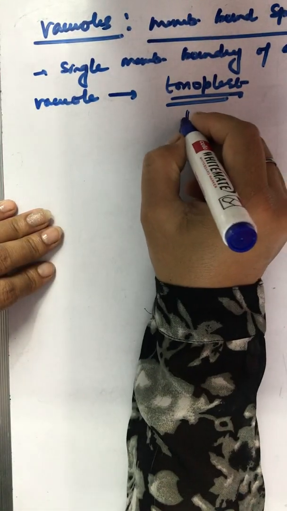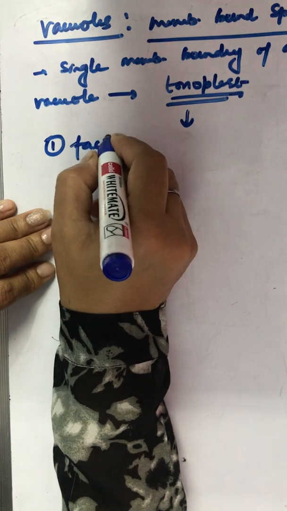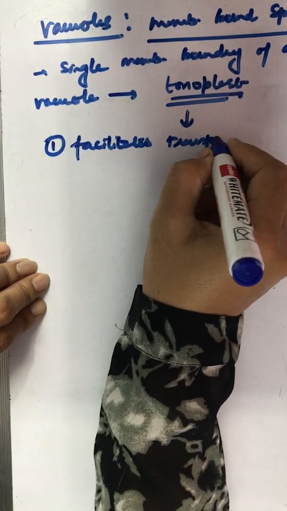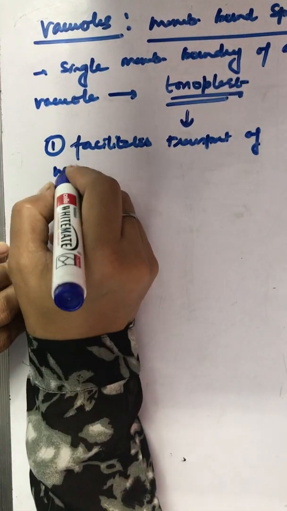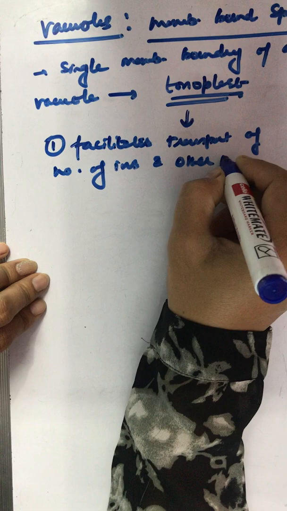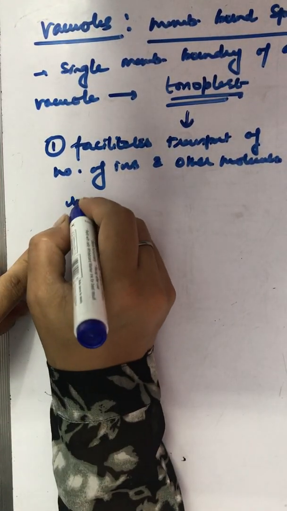What tonoplast does? Number one, it facilitates transport of number of ions and other molecules. Where? Into the vacuole.